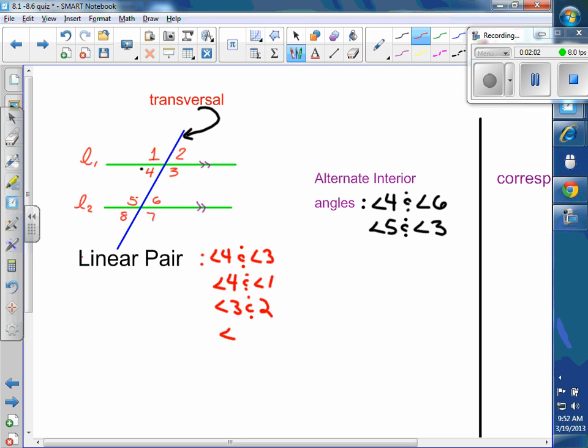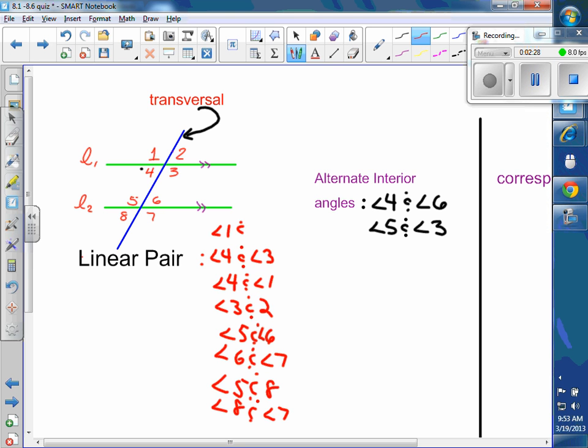Okay. So what was another linear pair? 5 and 6. 6 and 7. Right, there's a bunch of them. 5 and 8. 8 and 7. And I missed one, right?